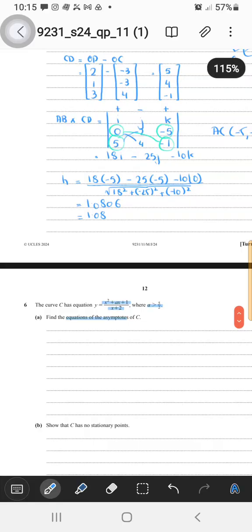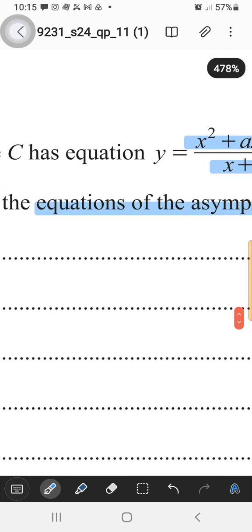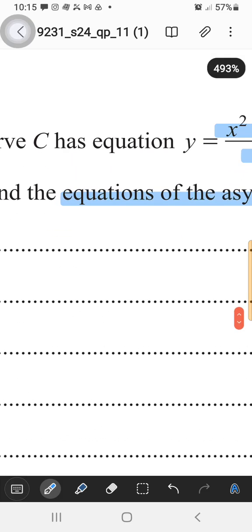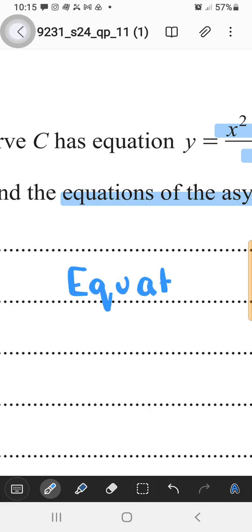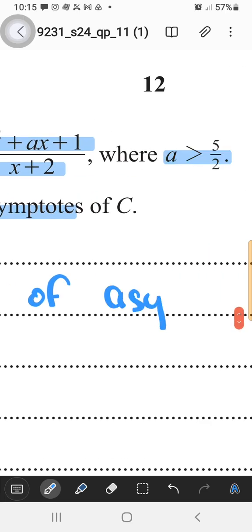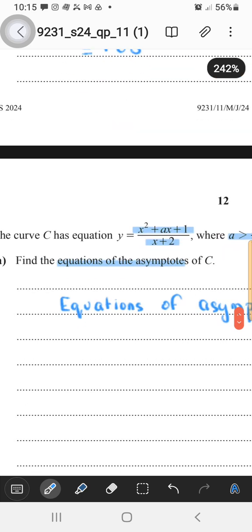Okay, so what are asymptotes? When the question says equations of asymptotes, we will have two ways, not two types of asymptotes.